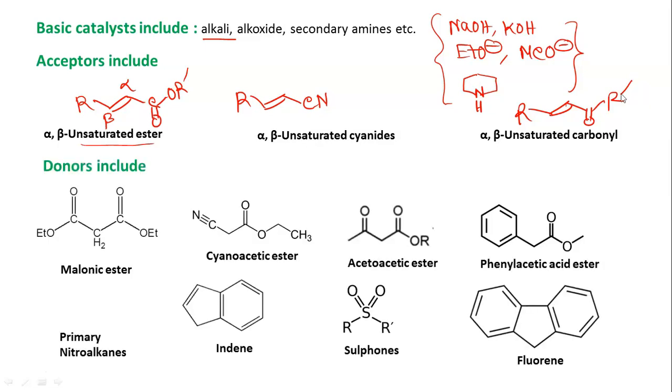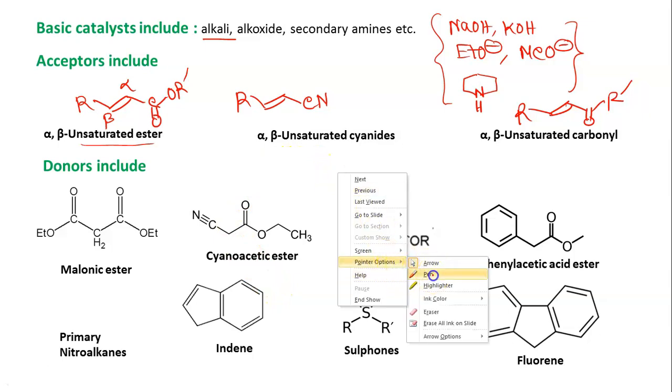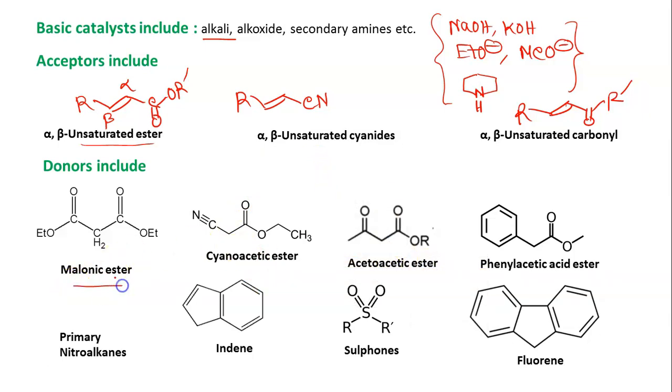Next, the donors that we can have, we can have a variety of donors. Malonic ester, so this is the active methylene group and on both sides we have electron withdrawing group, CO2Et, CO2Et. Then cyanoacetic ester, this is the active methylene part, that is CH2, and on both sides there is an electron withdrawing group. On the left hand side we have cyano, on the right hand side we have CO2Et.